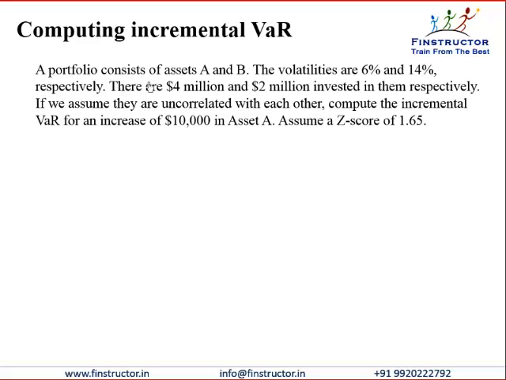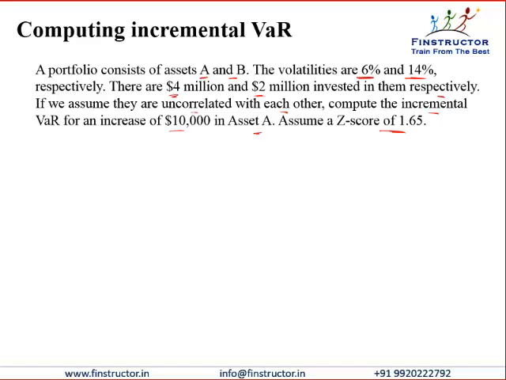A portfolio consists of assets A and B. The volatilities are 6% and 14% respectively. There are $4 million and $2 million invested in them respectively. If we assume they are uncorrelated with each other, compute the incremental VAR for an increase of $10,000 in asset A. Assume a Z score of 1.65.